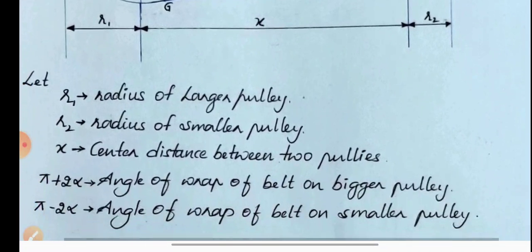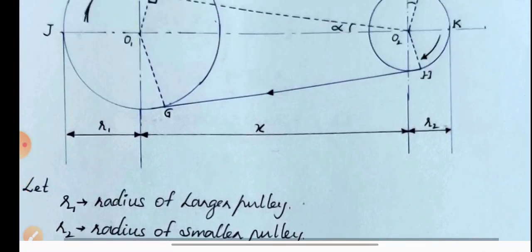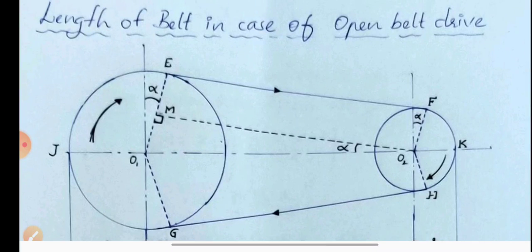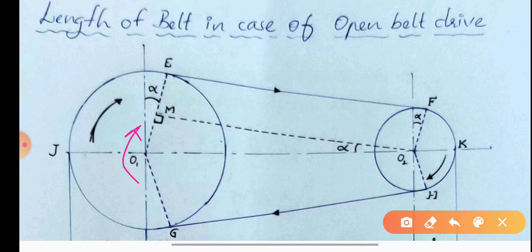Now I will take pi plus 2 alpha as the angle of wrap of the belt on the bigger pulley. If I take only the half circle of this bigger pulley, it is equal to 180 degrees, and 180 degrees is nothing but pi. When I say angle of wrap, it is the surface of the pulley which is covered by the belt.